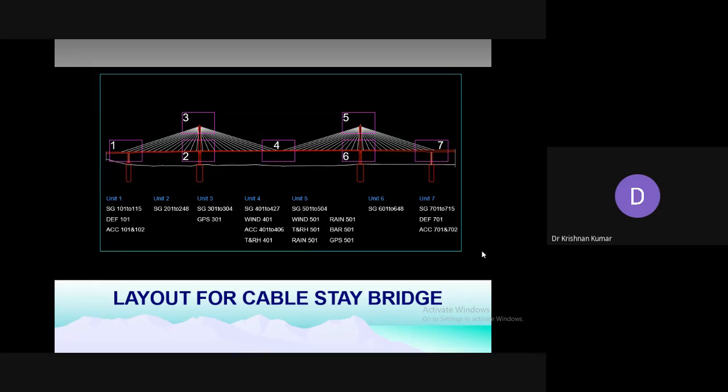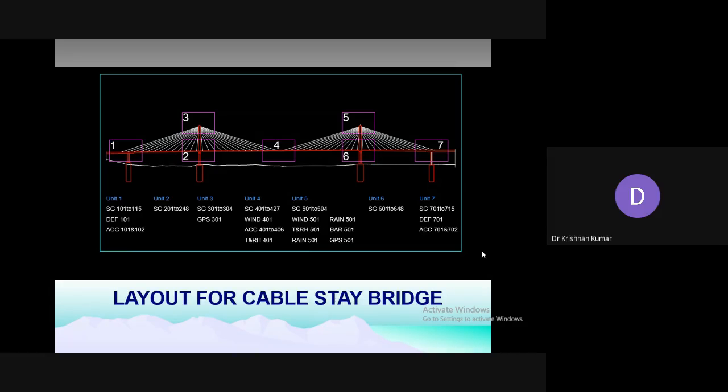In highly summer season, this entire structure is going to expand. So that expansion can be measured by DEF, that is called the deflectometer. During winter season, it may contract also, and that may also be measured. So correspondingly, the measured deflection with respect to temperature is done. Then through that, we can measure the actual coefficient of expansion or coefficient of contraction.